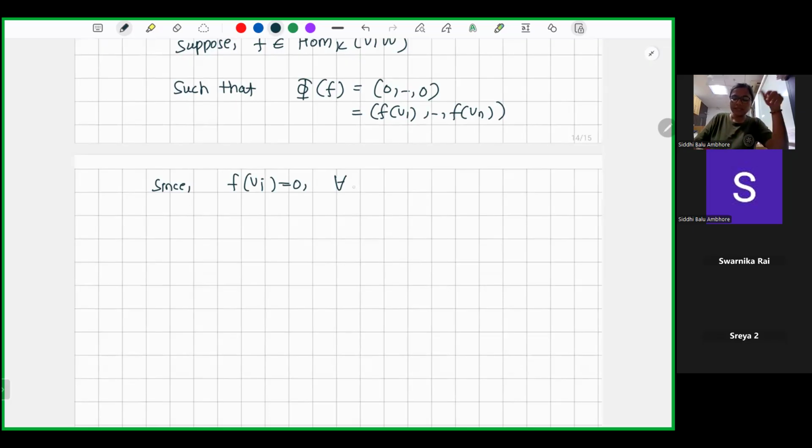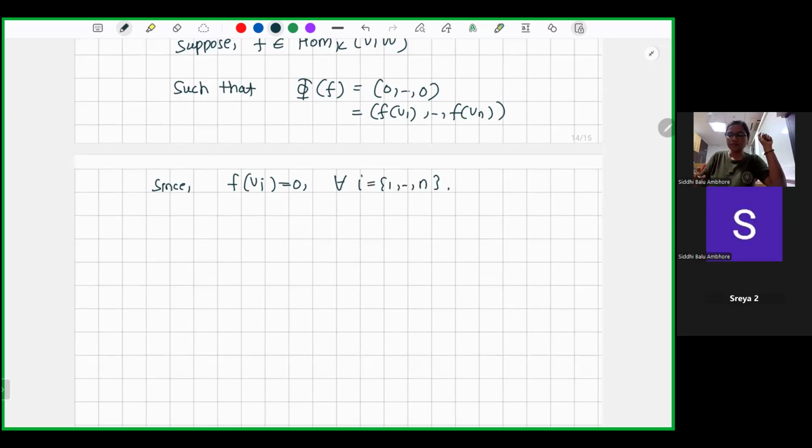So f of vi is 0 for all i between 1 to n, right? And v1 to vn is a basis of V, and we know that the moment I have information about f on its basis, the function is well defined.